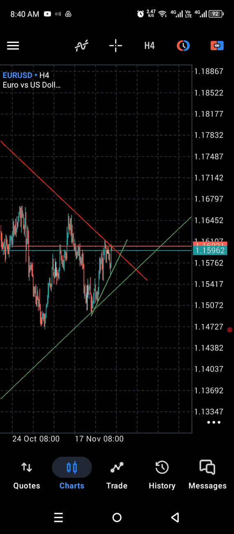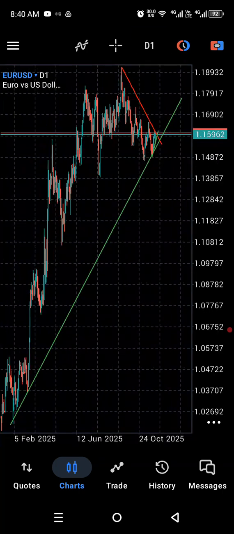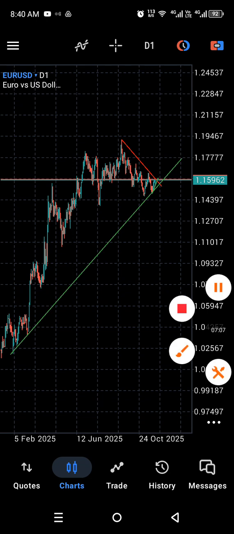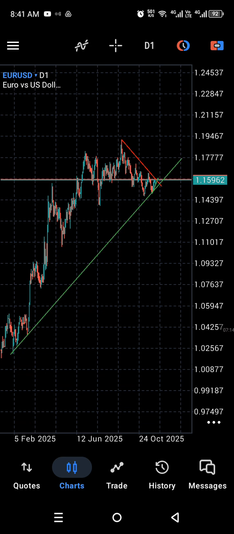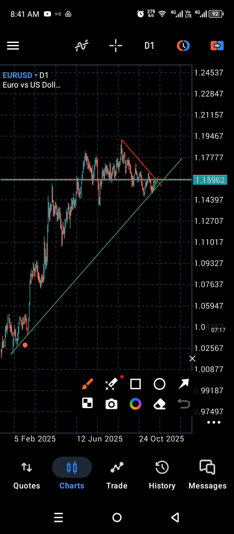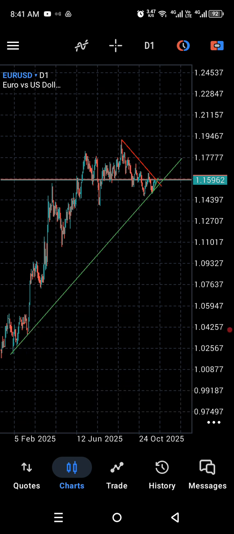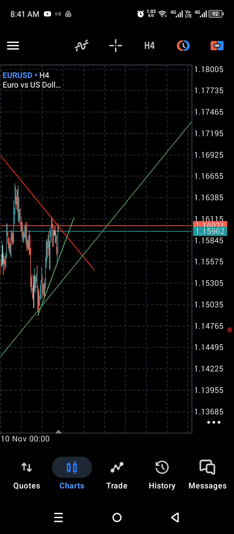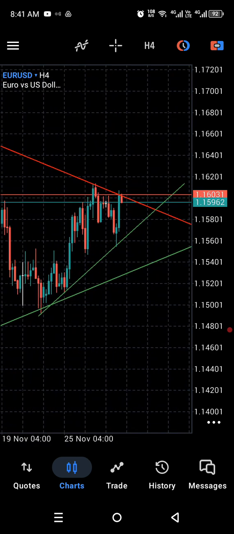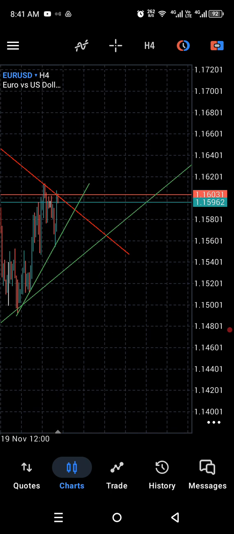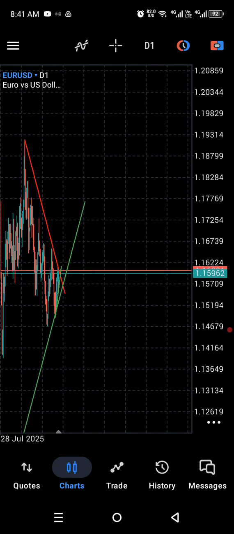When you go back to the daily time frame, we have point A, point B here, and point C. Now, point C is going to become your first point A on the 4-hour time frame. So this point has become my first point.